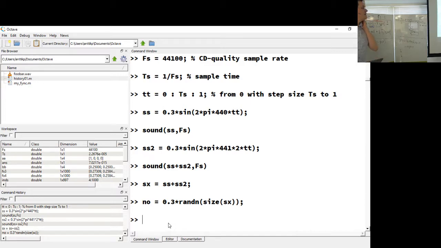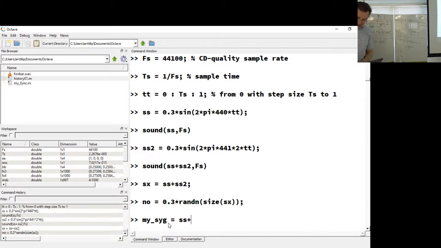So my signal, my func and my signal, would be S. What is S?